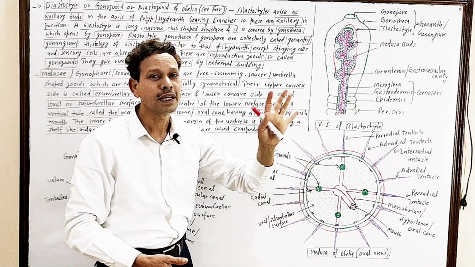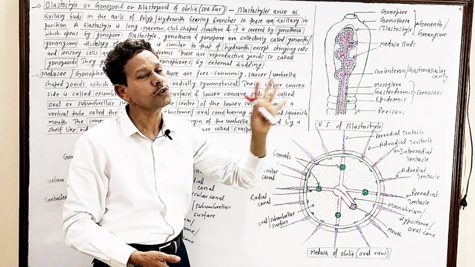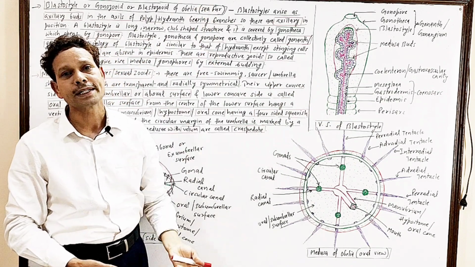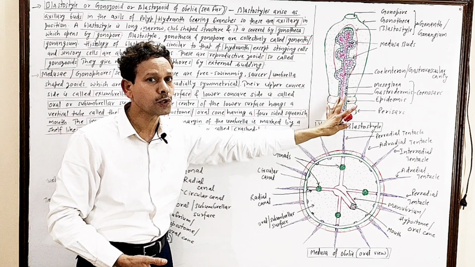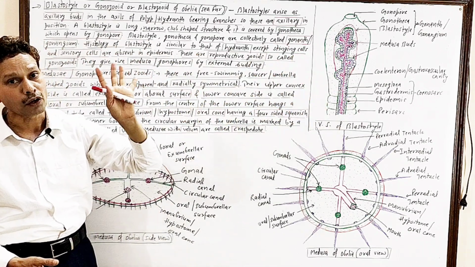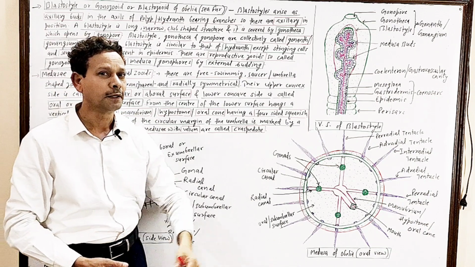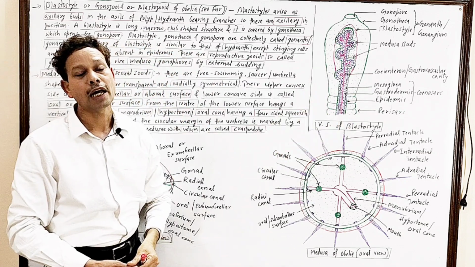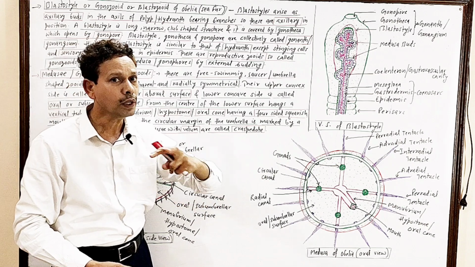The histology of this Blastostyle is quite similar to that of the polyp hydranth, which we have already discussed, except, note down this point, in the epidermis of this blastostyle there are no stinging cells, no nematoblasts.